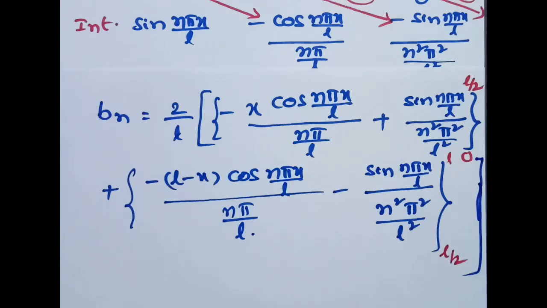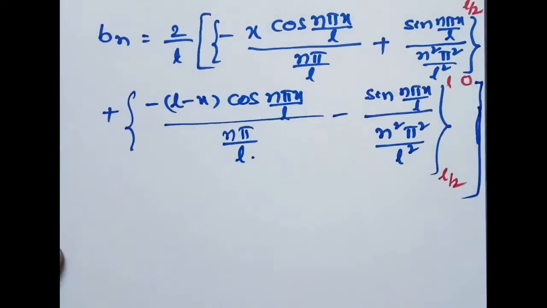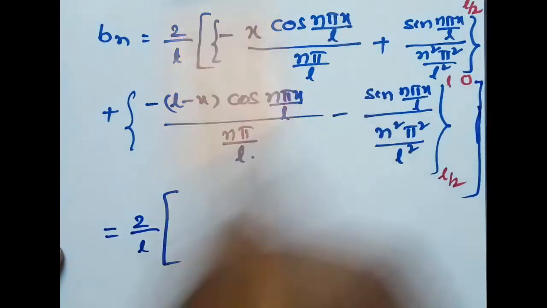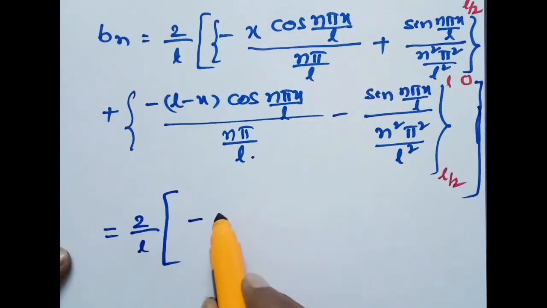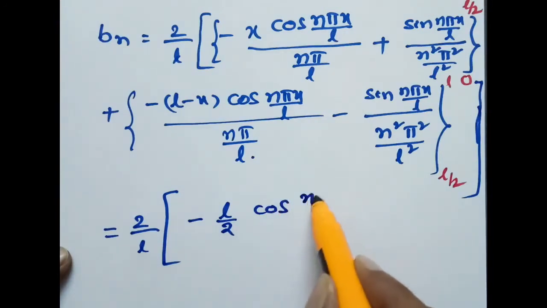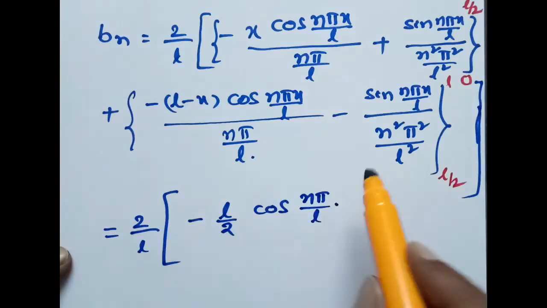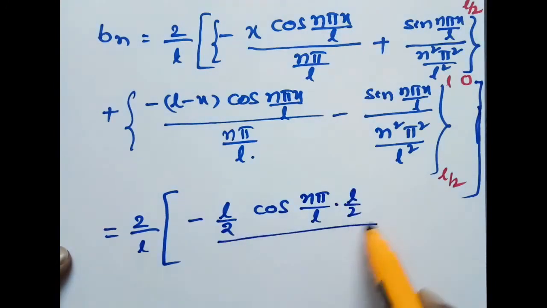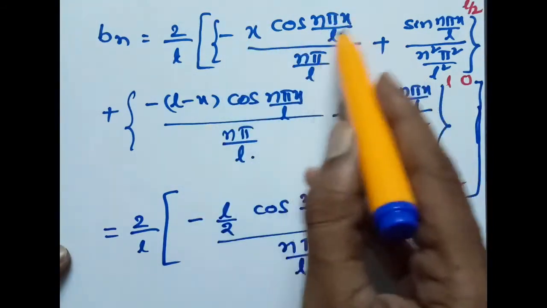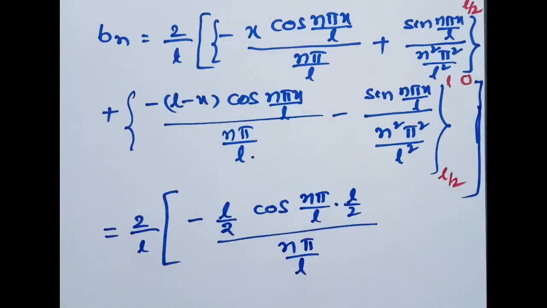Now simplify. This is equal to 2 by L, upper limit L by 2 minus L by 2 into cos of n pi by L into x value L by 2 by n pi by L, minus lower limit: minus of minus plus 0 into cos 0, 1, 0 into 1, 0 by n pi by L. So therefore plus 0.